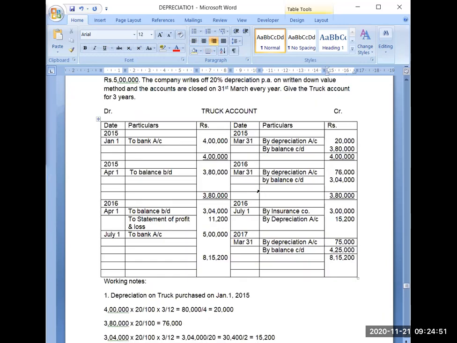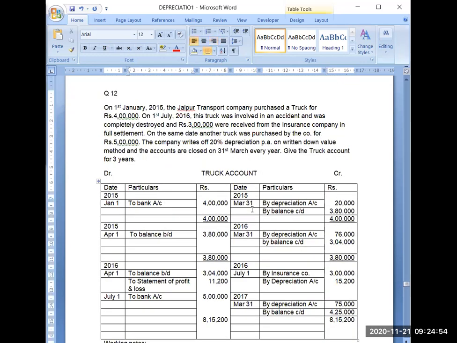We were writing the purchase entry as well as the depreciation in the same account, in the machinery account or in the truck account, or you can say in any fixed asset account. Both entries are written in the same account, and that's why the balance of that asset account keeps on reducing by each and every depreciation amount.